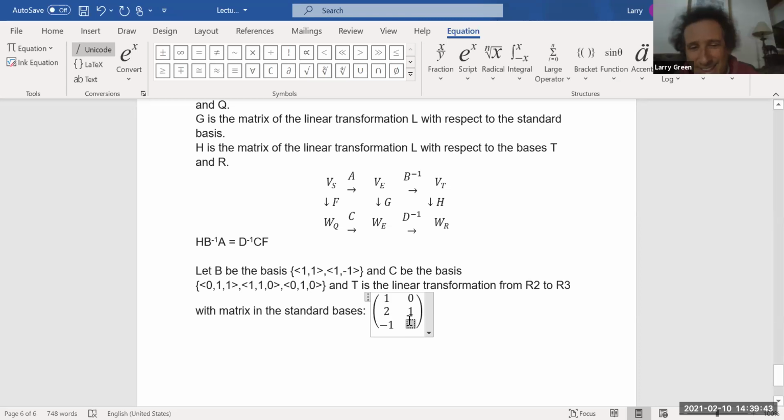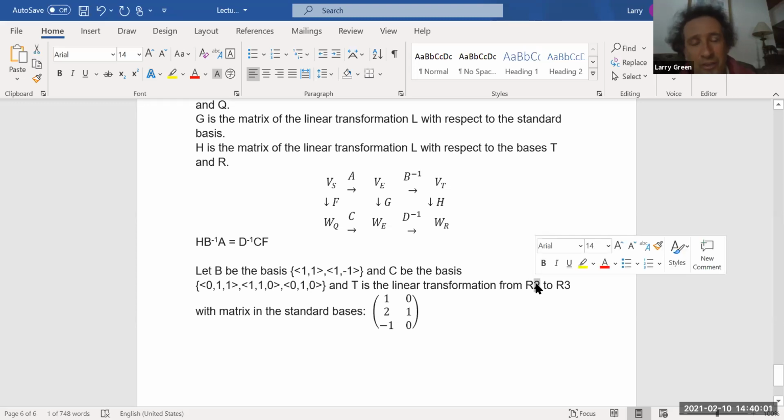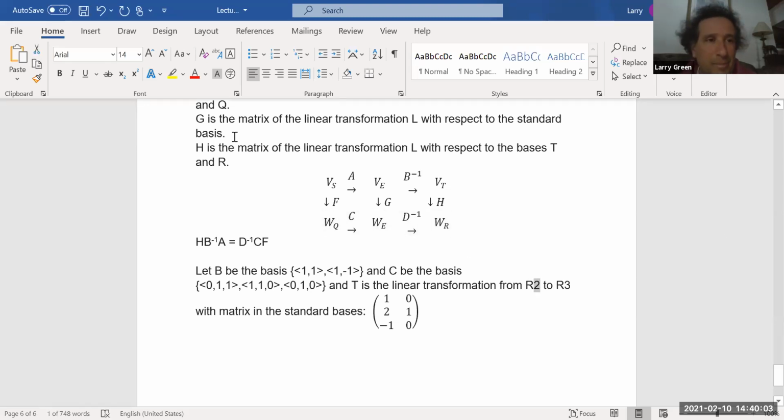It's a 3x2 matrix. 3x2 matrices can never be invertible. Is that clear? You can never have an invertible matrix from R2 to R3. It can't happen. You can only have an invertible matrix R2 to R2 or R3 to R3. Okay, so that's what our linear transformation's matrix is.